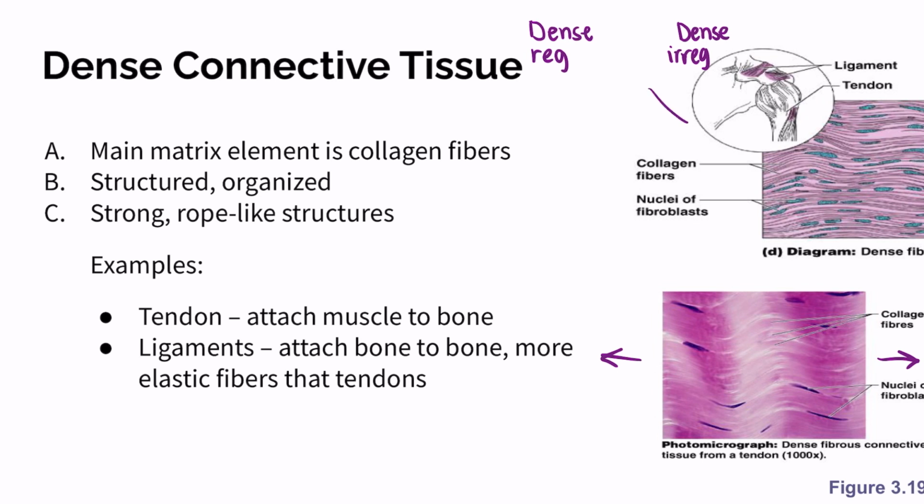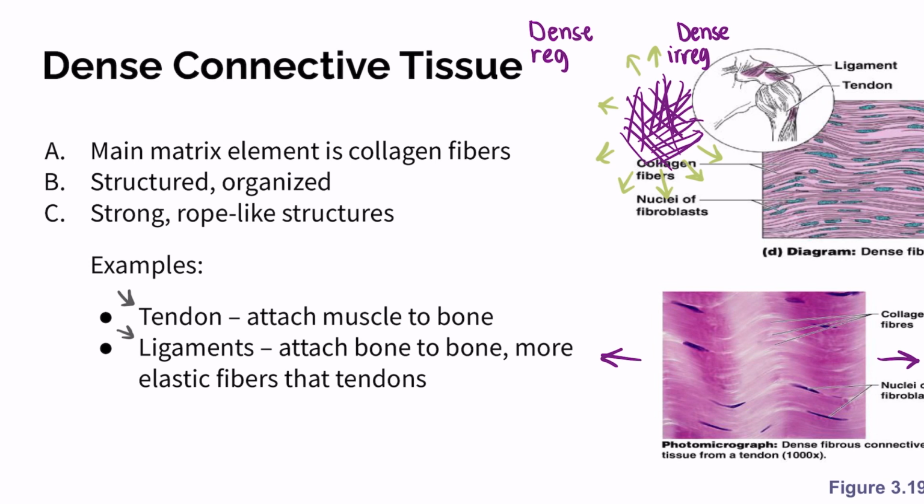Whereas dense irregular, the collagen fibers actually look more like this. They're not regularly packed. They look very irregular. And so what that allows for is the capability of withstanding force from all sides. And so we find dense regular in areas where we would want a really strong rope, for example, in our tendons and ligaments.